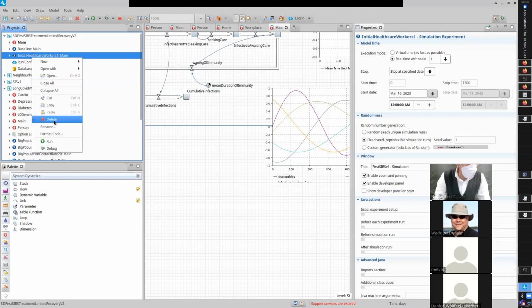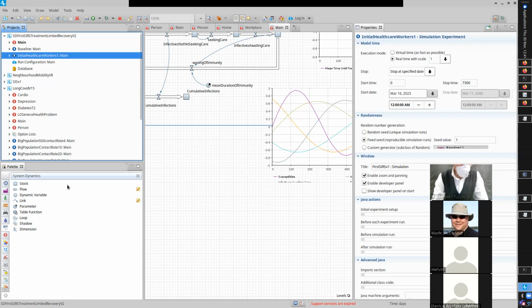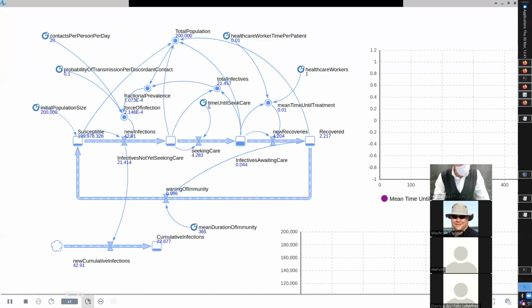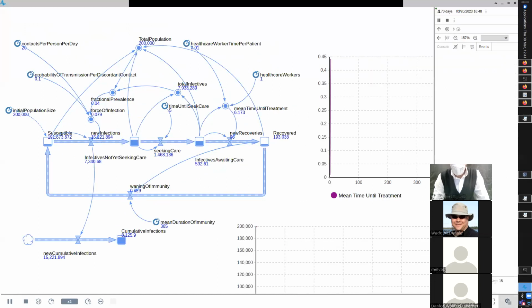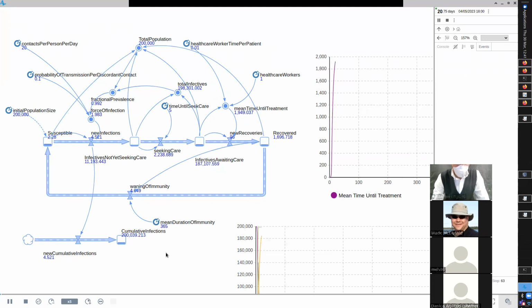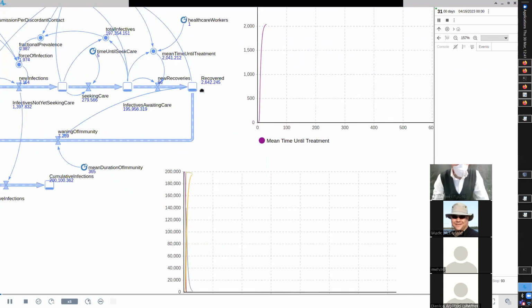I'm going to run another experiment here. I'm going to start it running, and we'll go out until after it's reached this very high level. I'm going out to about a year.